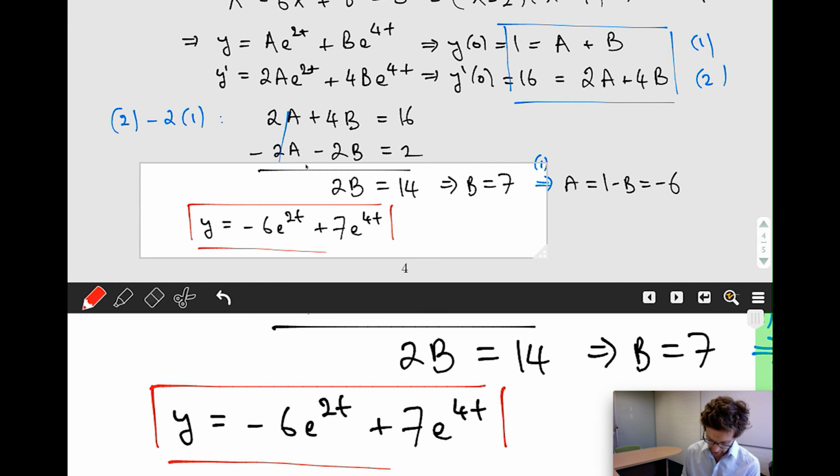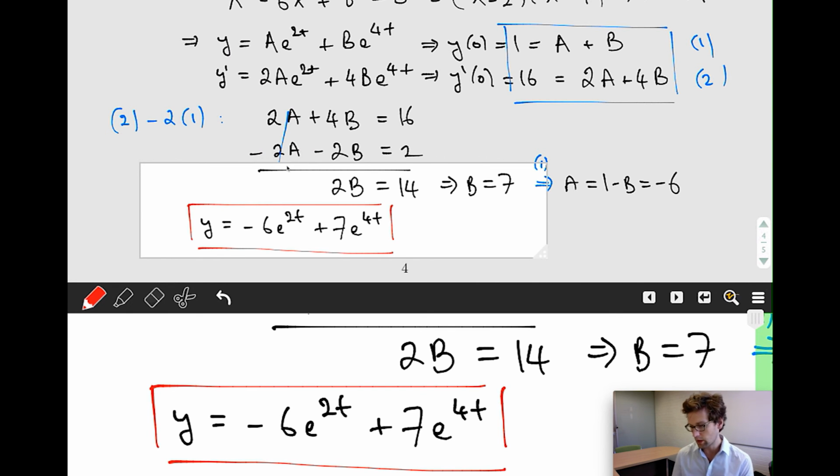And you notice there that I needed to use my initial conditions, y at 0 and y prime at 0, at the end of the problem to solve for a and b. And because my initial conditions were given for y and y prime, I actually had to take a derivative of y and then solve. So there was a certain amount of calculation to be done there.